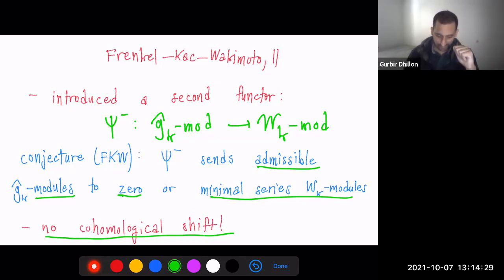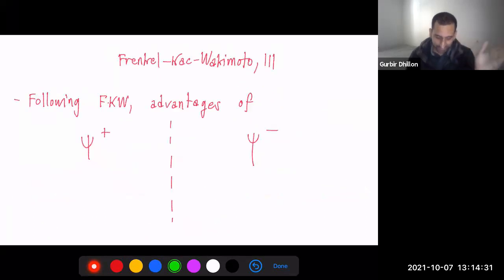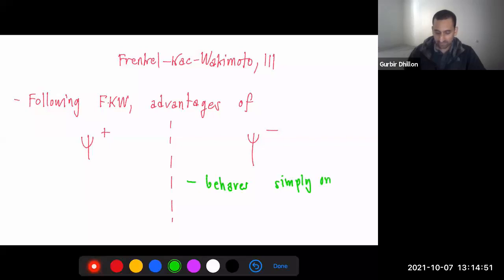So here's a rough summary of how they saw the difference between the plus reduction and the minus reduction. And I think that's been borne out by history. The minus reduction, the advantage is that it behaves quite simply on highest weight representations.